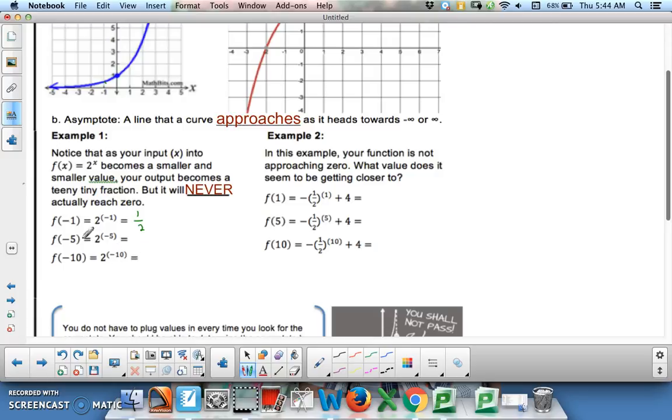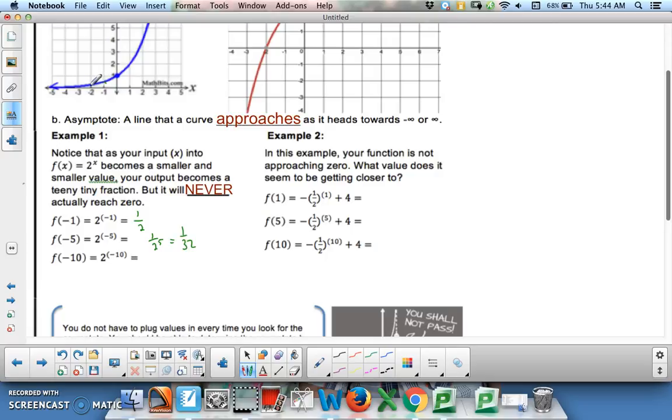Okay, so at -1, I'm at about 1/2. That matches. F of -5 means I've got 1 over 2 to the 5th, because that negative exponent means it flips, and 2 to the 5th is 32, so that's 1 over 32.